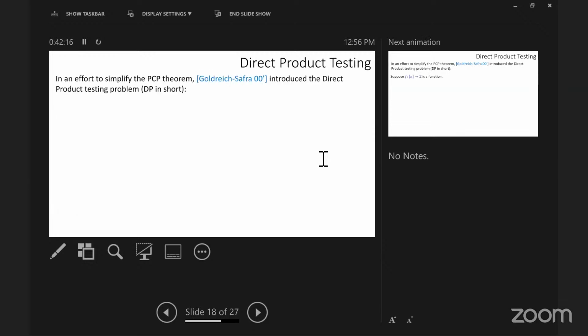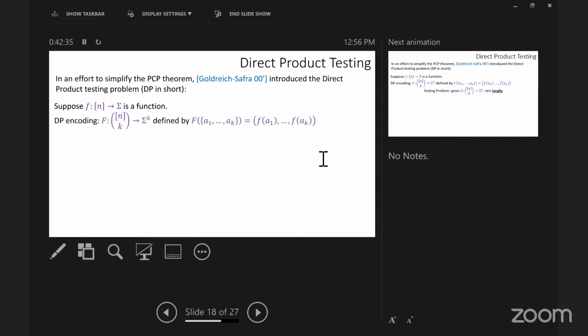So this problem has its origin in a paper of Goldreich and Safra, who attempted to simplify some parts of the proof of the PCP theorem. And let me state it without the connection to PCP, just as it's an interesting problem on its own. So we have a function from 1 to n to sigma, and we want to encode it using what I'm going to refer to as the direct product encoding.